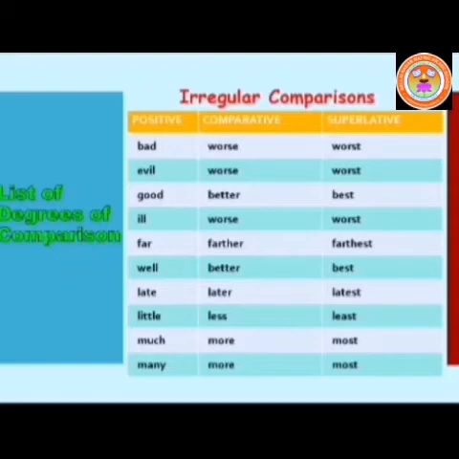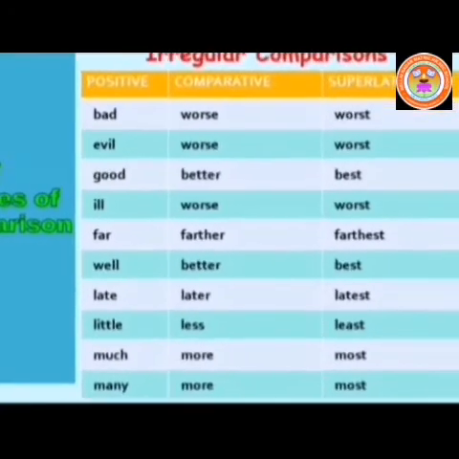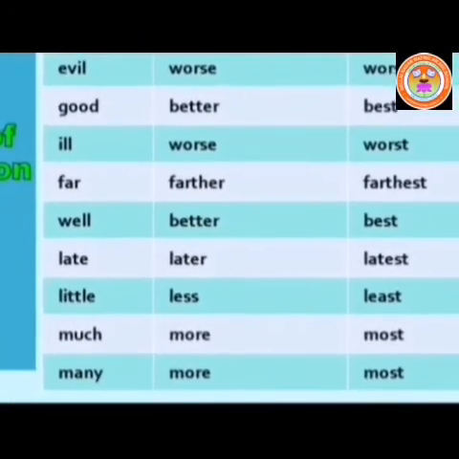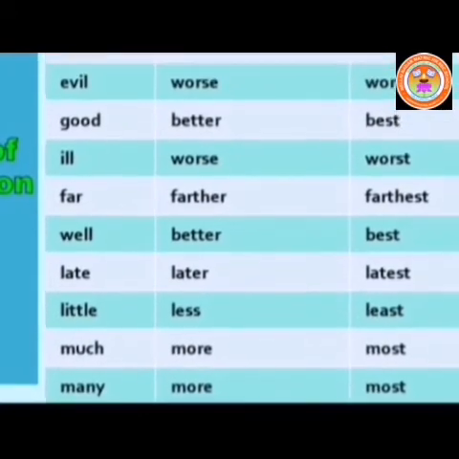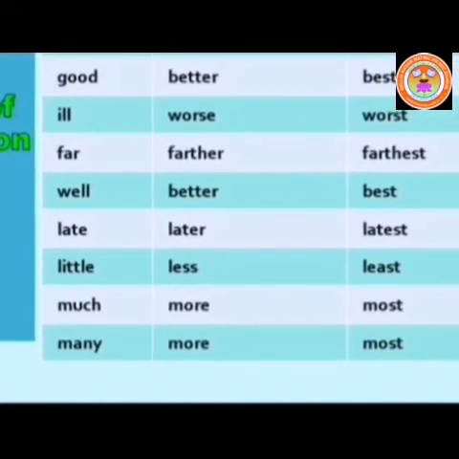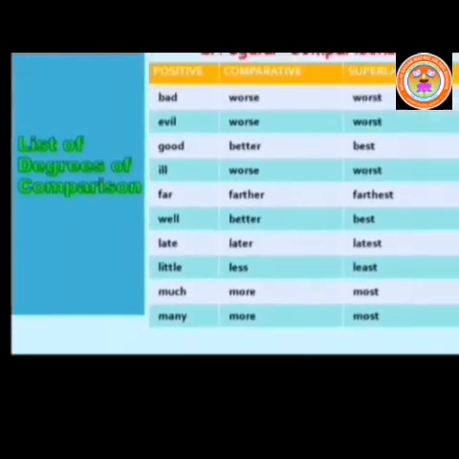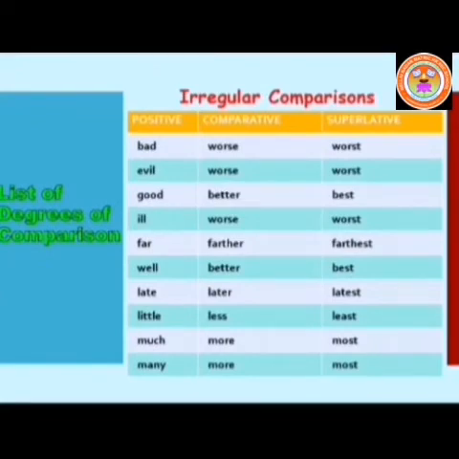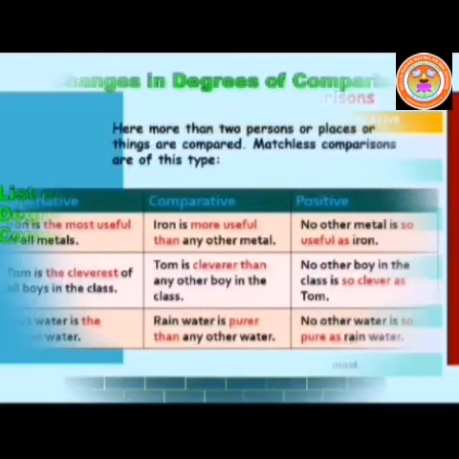Evil, worse, worst. Good, better, best. Ill, worse, worst. Far, farther, farthest. Well, better, best. Late, later, latest. Little, less, least. Much, more, most. Many, more, most. So like that, the entire word will be changed in the case of irregular comparisons.